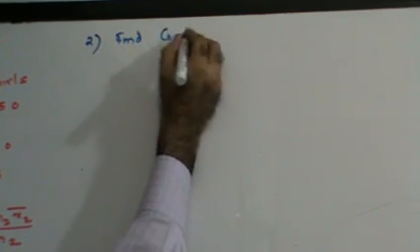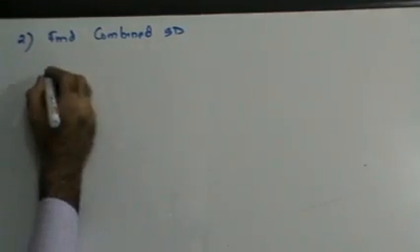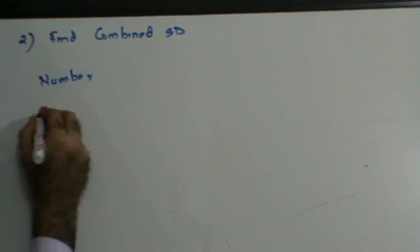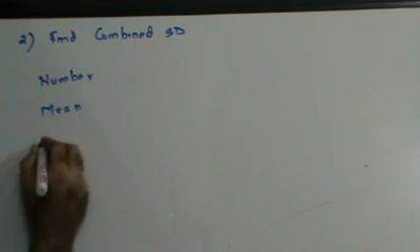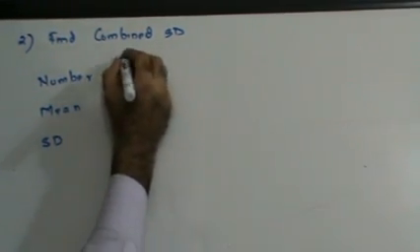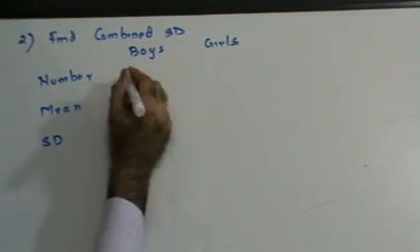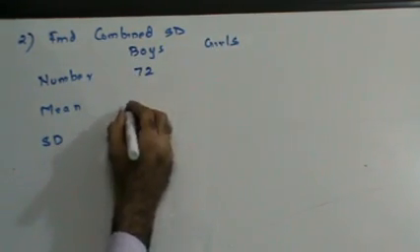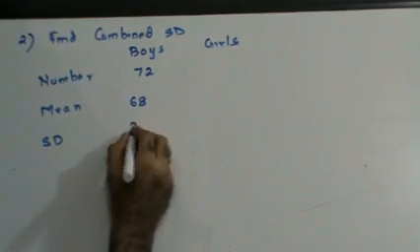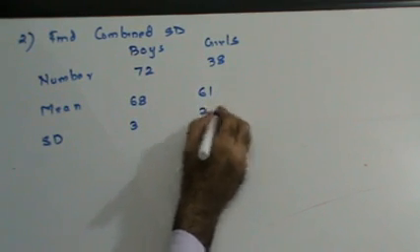Find combined standard deviation. Data is number, mean and standard deviation. Boys and girls. They give you the data: 72, 68 and 3, 38, 61 and 2.